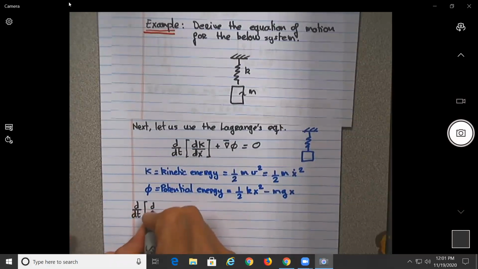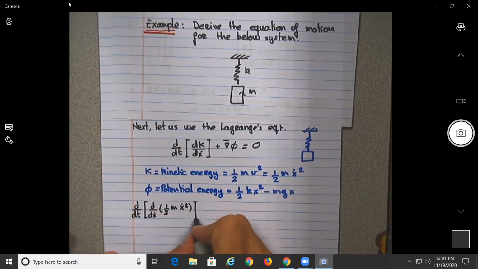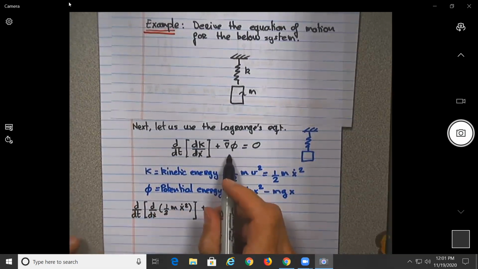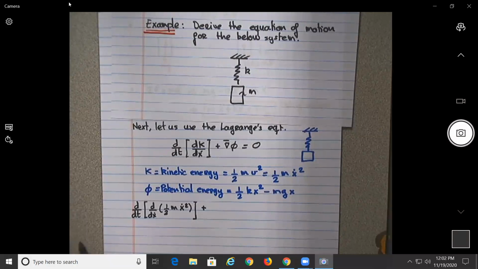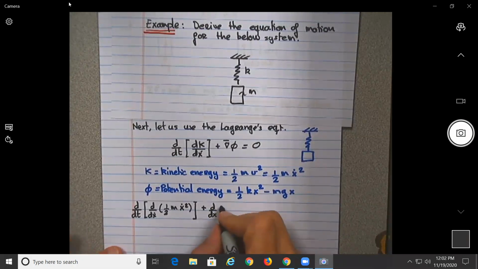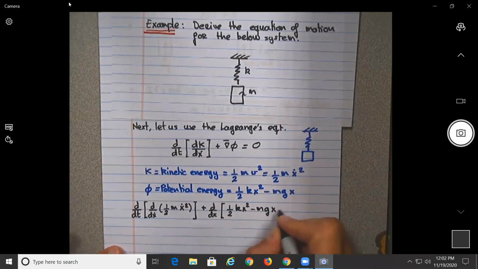This will be equal to what? d/dx dot of 1/2 m x dot squared, plus, for 1D, d/dx of 1/2 kx squared minus mgx, equal to 0.